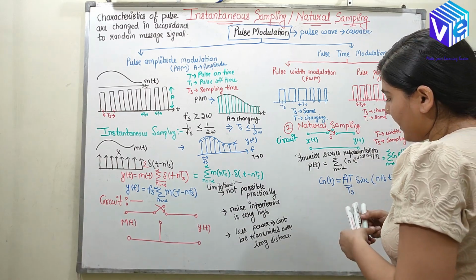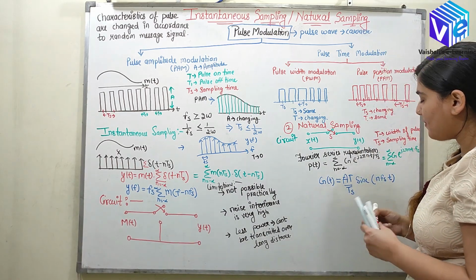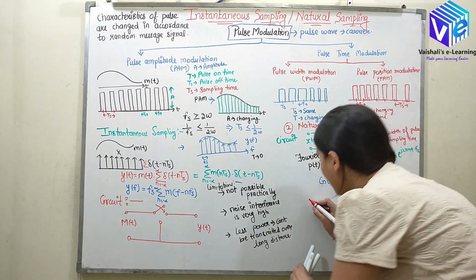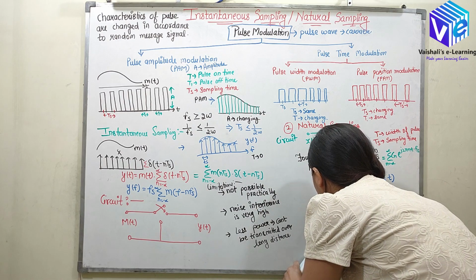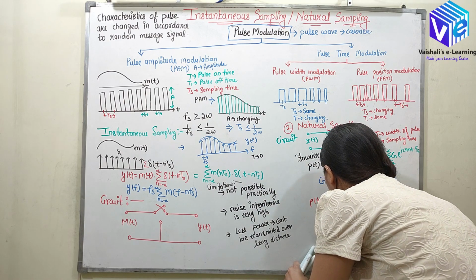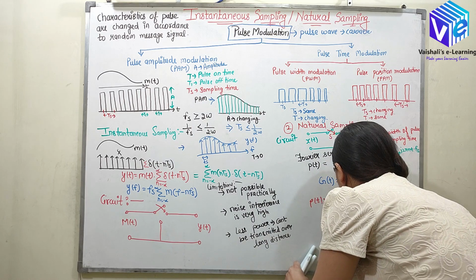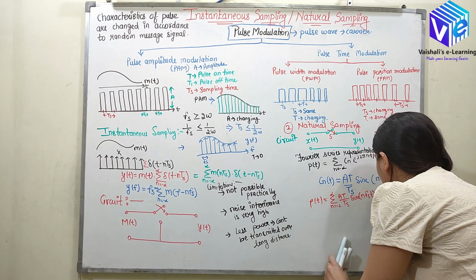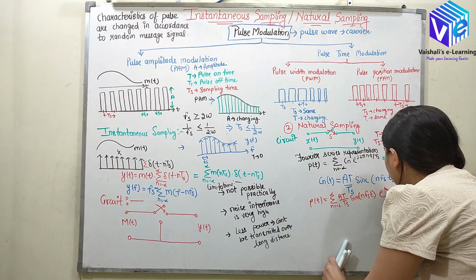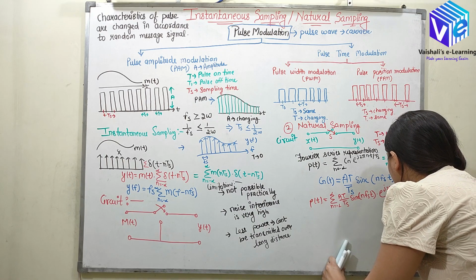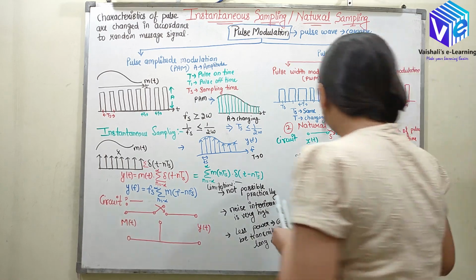So now this is my Cn. Now I'll be putting the value of Cn here and I'll be finding out what is my p(t). So p(t) is summation n equal to minus infinity to infinity A tau upon Ts sinc(n Fs tau) into e raised to power j 2 pi n Fs t. So now this is my p(t).